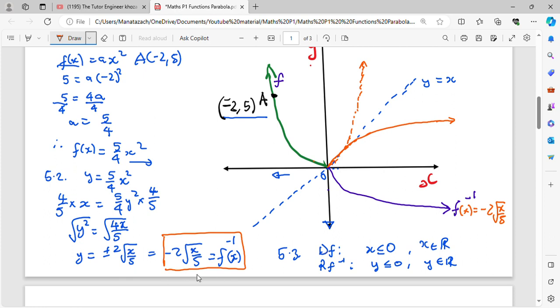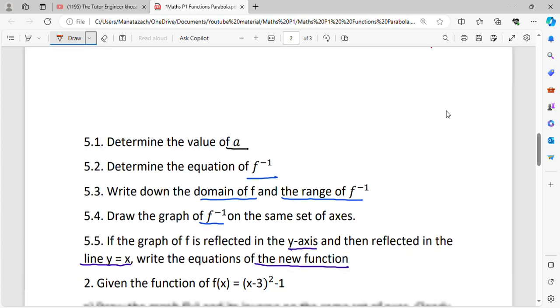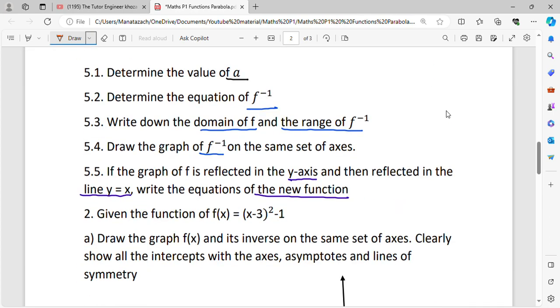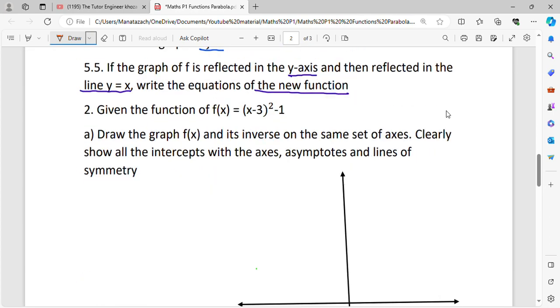So the top portion, the new equation would be plus 2 square root x divided by 5. So that would be the equation of the new function. So that would be the answer to question 5.5. Okay, now let's deal with question 2.